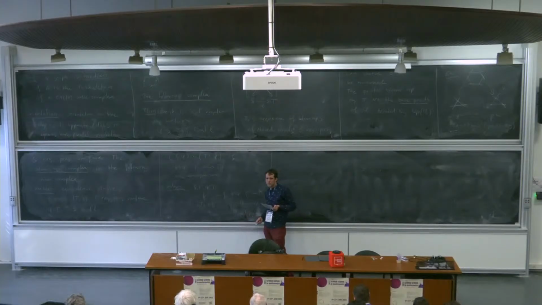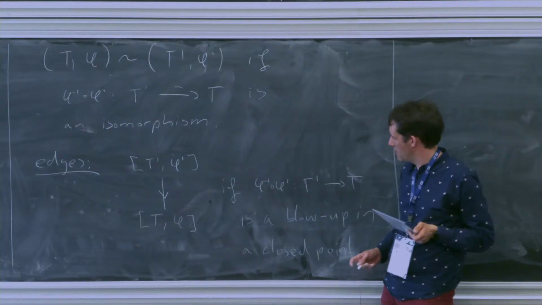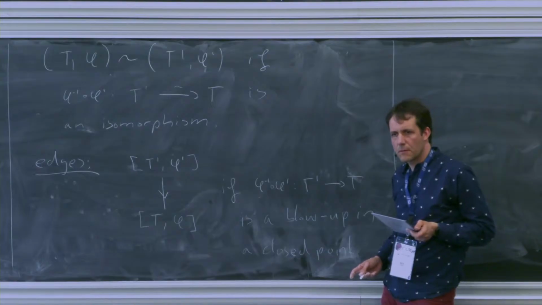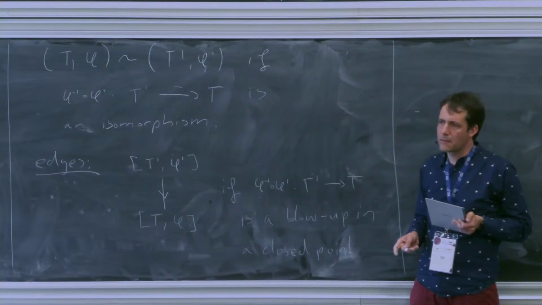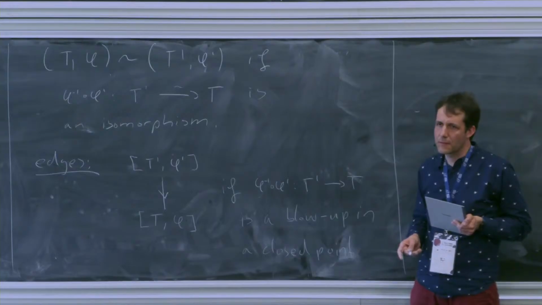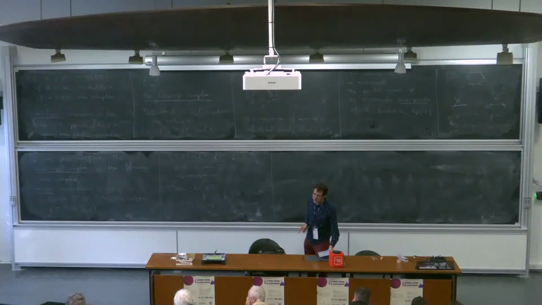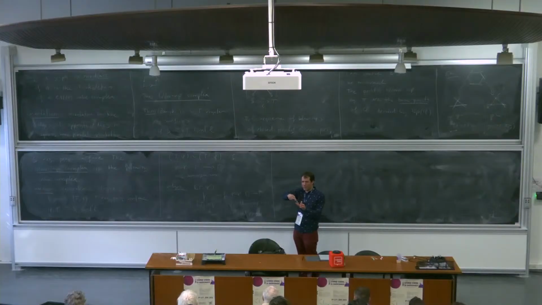Over a perfect field, you just blow up a Galois orbit, and then things work as one imagines.